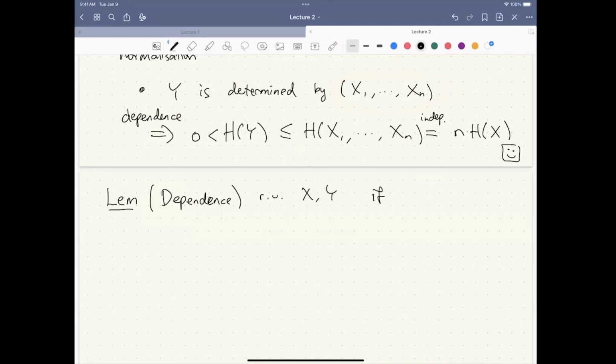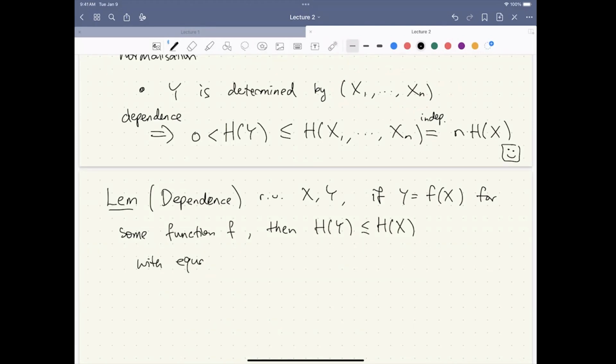If y is determined by x for some function f, then the entropy of y is at most the entropy of x, with equality if f is bijective.